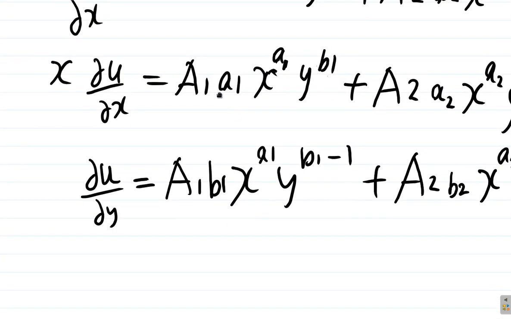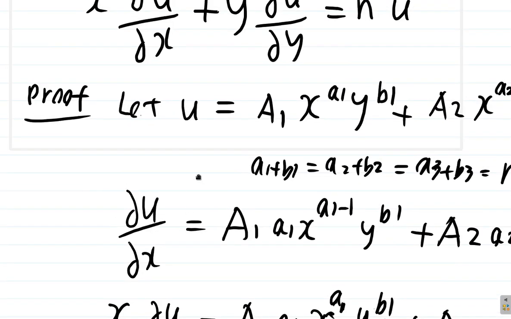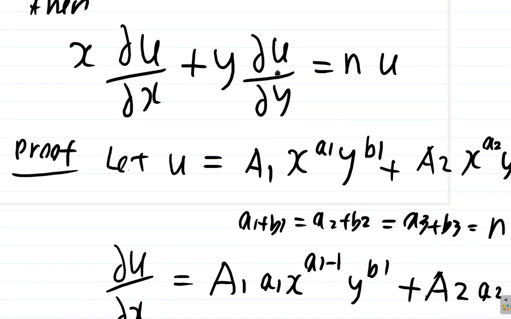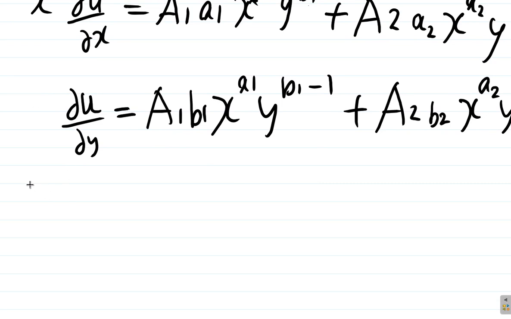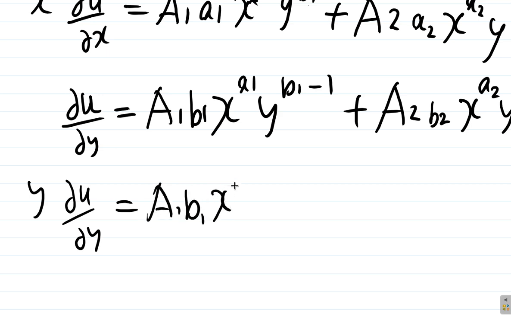Then we want to go from delta u by delta y to y times delta u by delta y. So when you multiply this by y, y times delta u by delta y is equal to a1 b1 x to the a1 y to the b1 minus 1 times y plus, we're going to fix it up after.